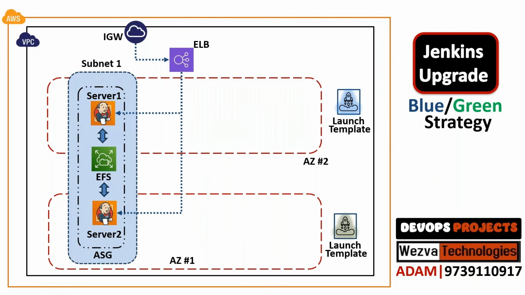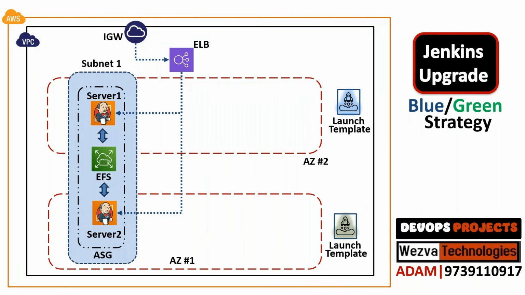Because what is blue-green strategy? Blue-green strategy helps you to deploy or upgrade an application, in our case Jenkins, with zero downtime. So what is zero downtime? I don't want an impact to happen for users, or the impact can be very, very minimal, so that the business runs continuously.